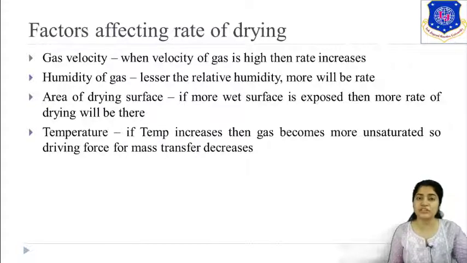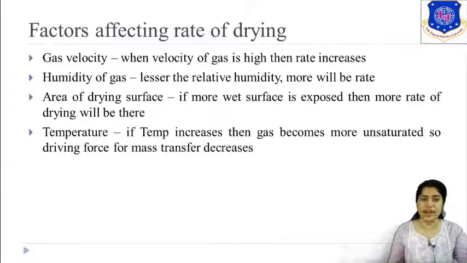In your Mass Transfer Operation 1, you might have studied the factors that increase the mass transfer coefficient. So here the same is the thing: as your velocity increases, the mass transfer coefficient increases, and because of this your rate also increases.